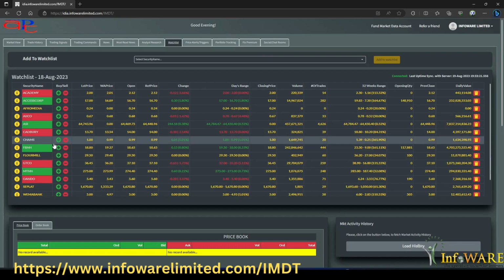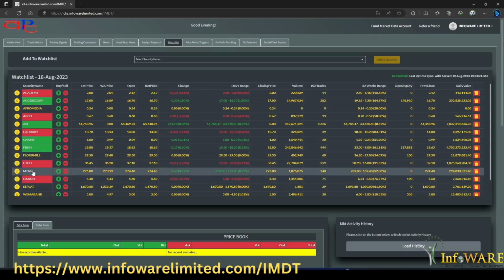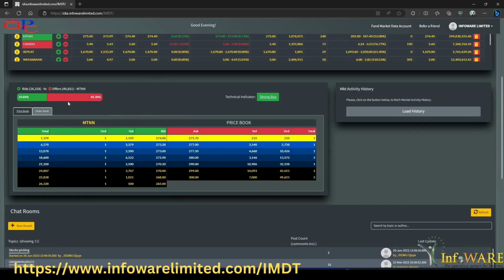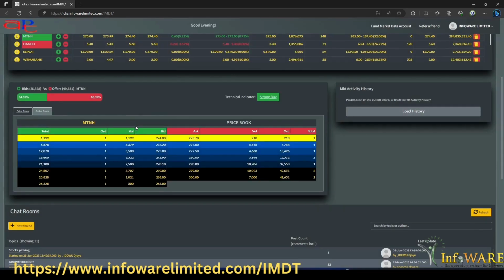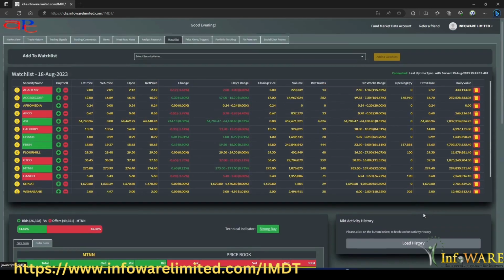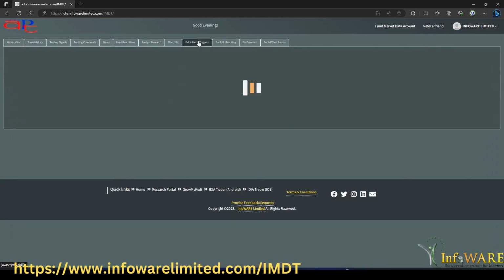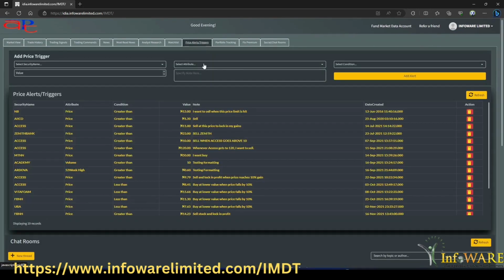If I click on MTN, I immediately see the bid offers, and again the indicators, showing MTN as a strong buy with 2 sells, 6 neutrals, and 5 buy indicators. Again, same features: the order book and the price book are there, and you can also look at the market activity.